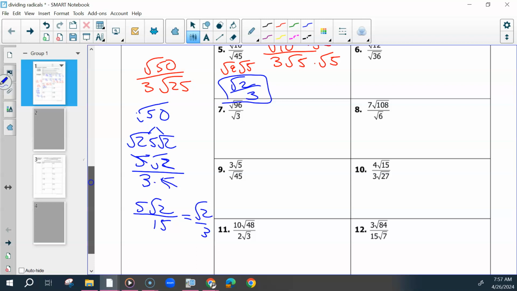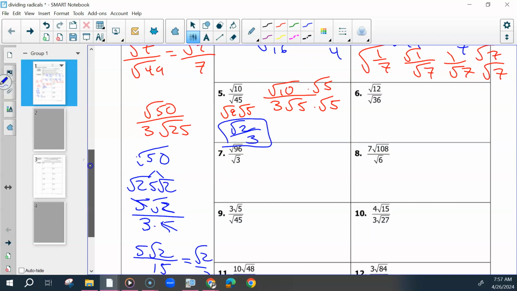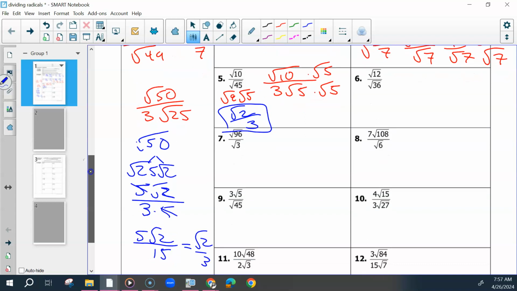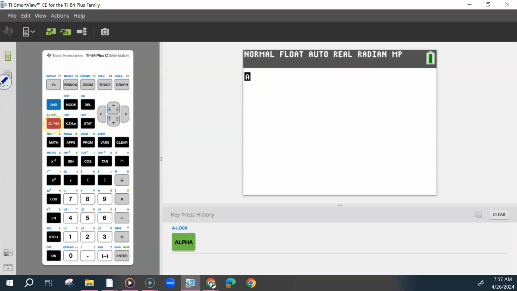All of these can be checked in the calculator in Desmos, because you're just going to get a lot of decimals. When you do a lot of work, just to make sure you didn't lose anything, I would do that. I'll check this one and then maybe one over square root of 10 over 5.